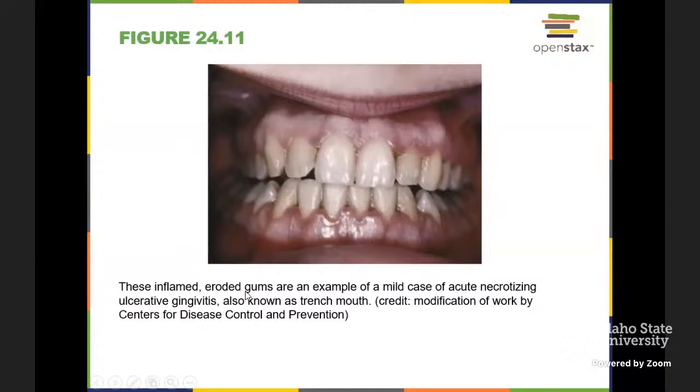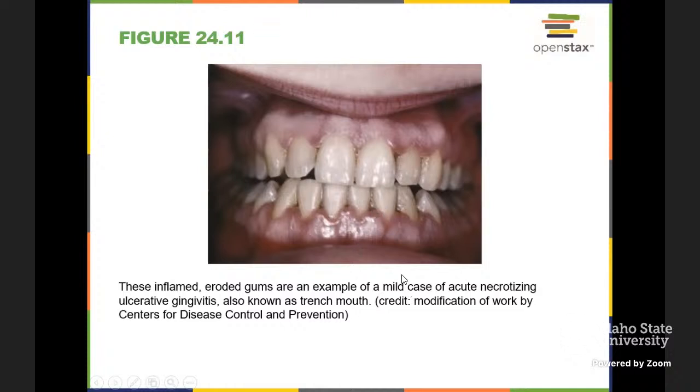So next, and we'll see in a table here in just a second, inflamed, eroded gums. This is a mild case of acute necrotizing ulcerative gingivitis, ANUG, sometimes called Vincent's disease, trench mouth, all of these same idea, and we will see some players with this.